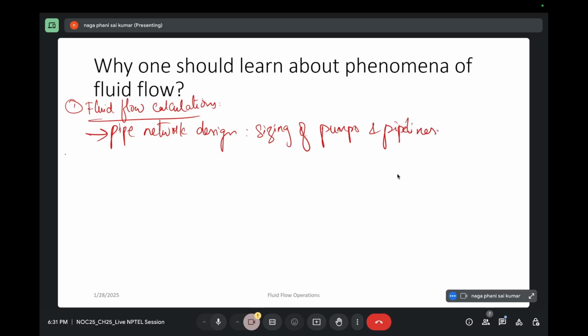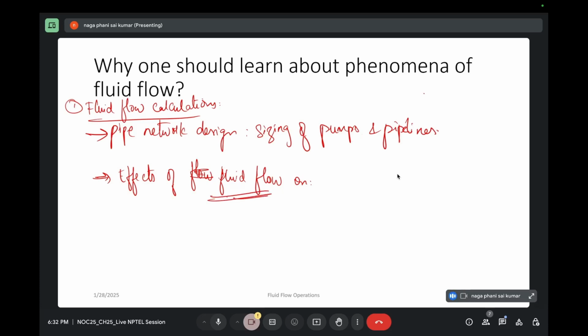Okay. And then you'll also check the effects of fluid flow. So if you are changing the flow rate of a fluid, it also affects other parameters, right?